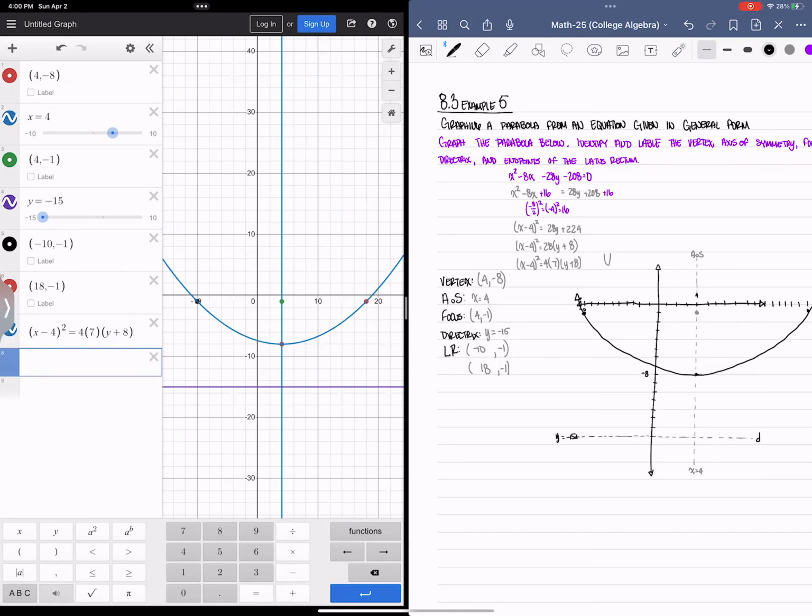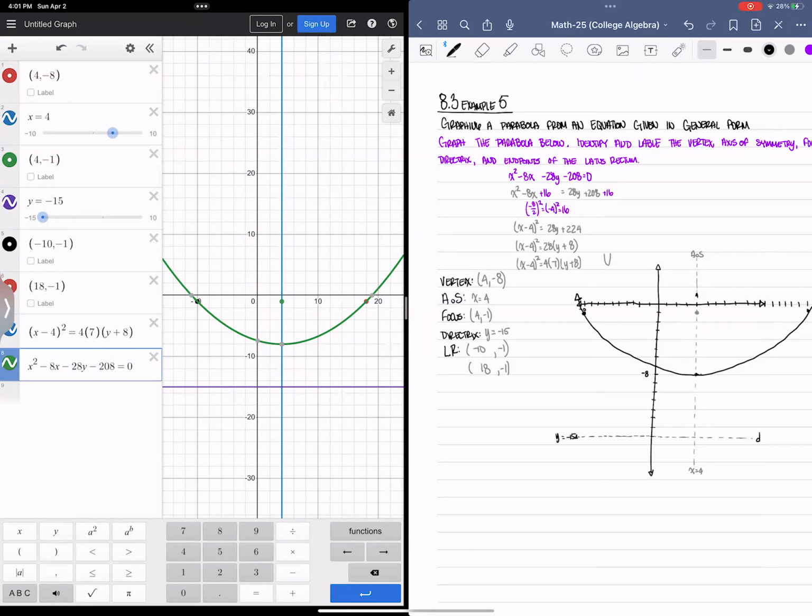But even cooler, let's see what the original function over here was, see if we got it right. x squared minus 8x minus 28y minus 208 equals 0. And look at that. Everything aligns nicely and perfectly.